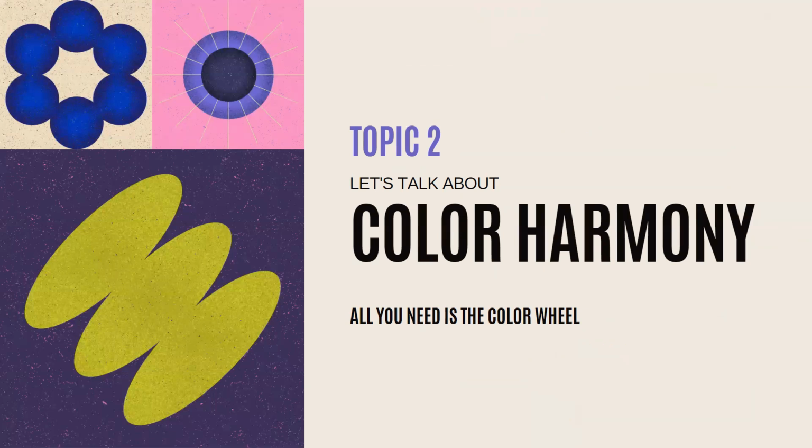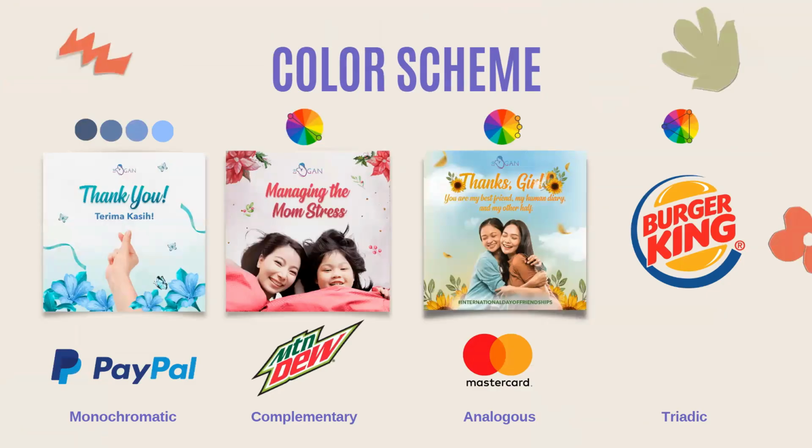Let's talk about color harmony. In color harmony, we have different color schemes. In our design templates, they vary, and sometimes we use color palettes every month. For this month, we used a monochromatic palette.